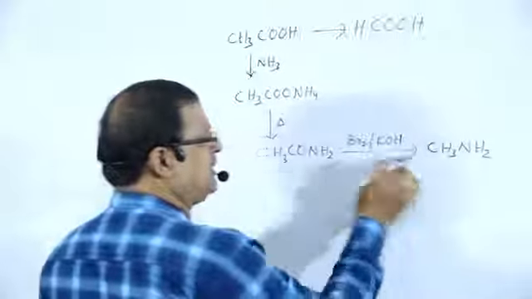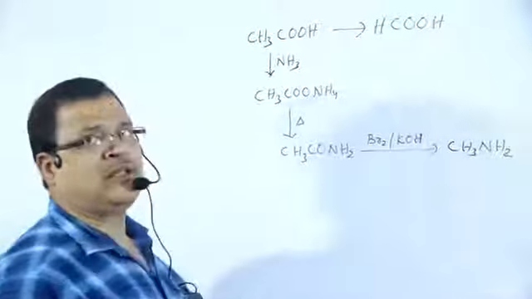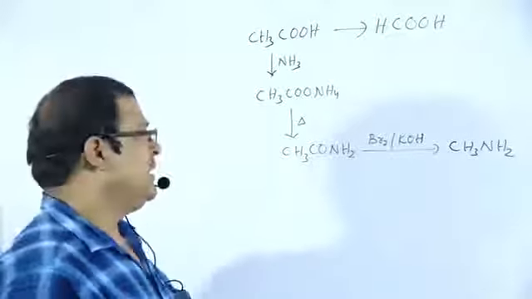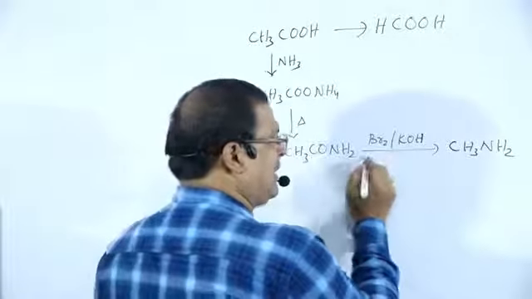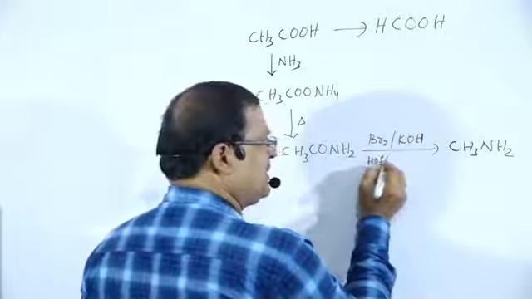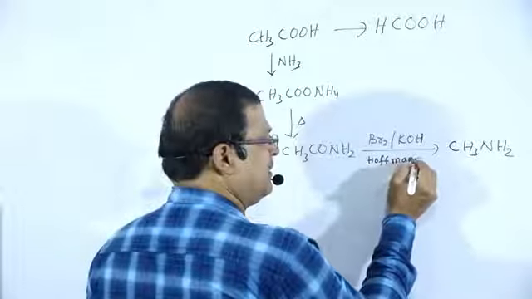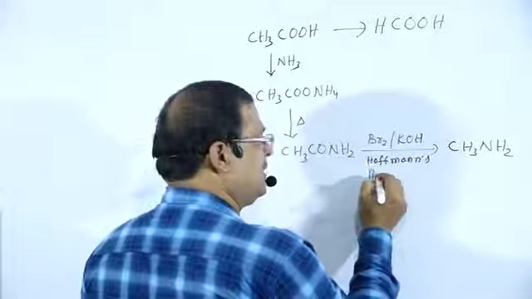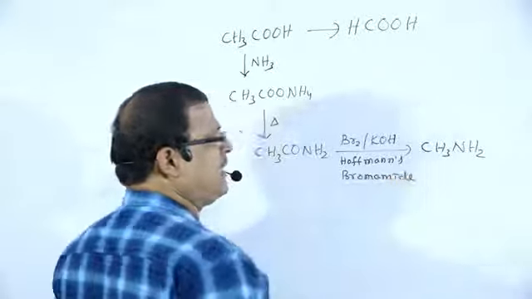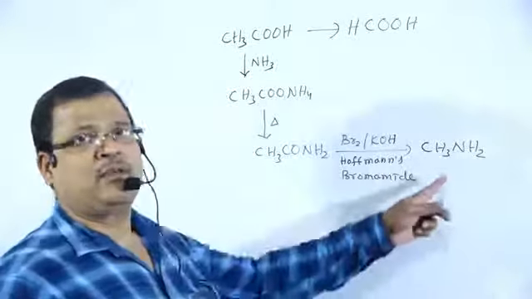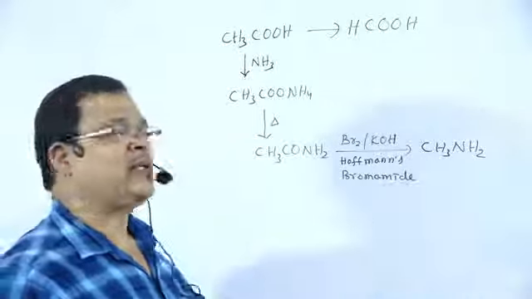We will discuss this in the chapter on preparation of primary amines. So that reaction is Hofmann's bromamide reaction, the formation of an amine with one carbon atom less.